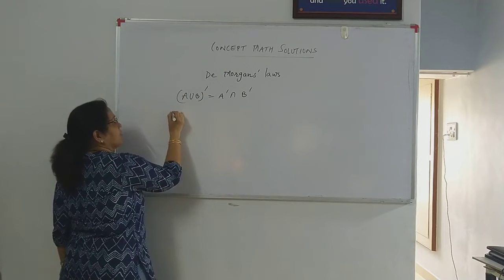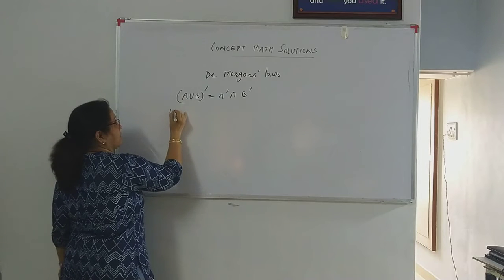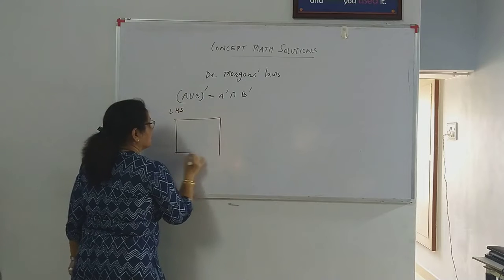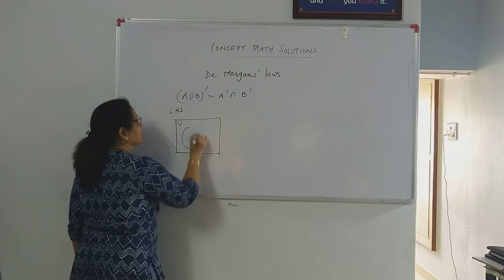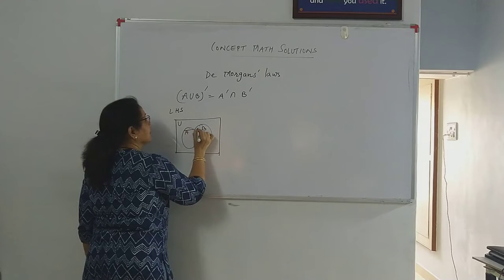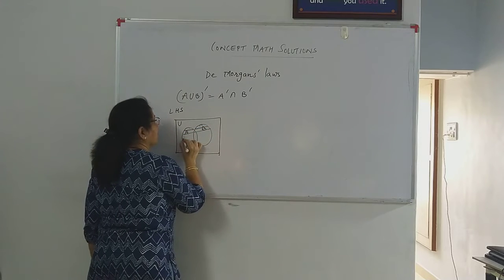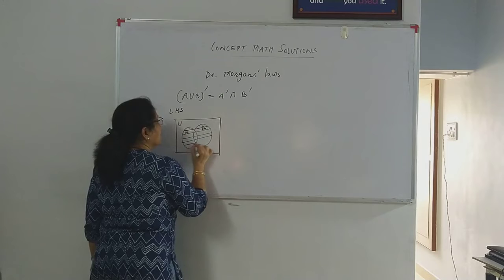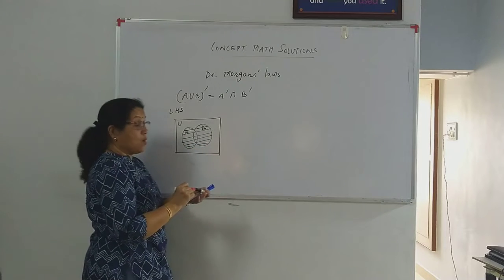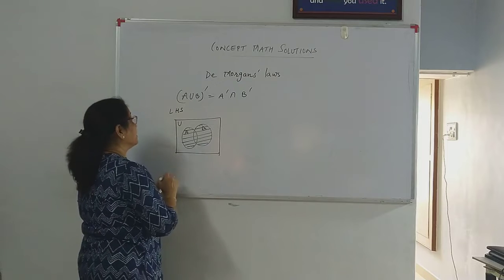I am going to again draw Venn diagram for it for LHS. So this is universal set, this is A, this is B, and this is A union B. You want A union B complement, so all portion except this.